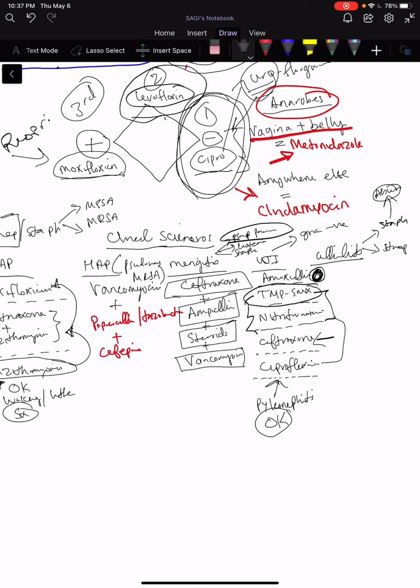So staph causes abscesses, strep, no abscess. Meaning if the leg or the arm or whatever the area of cellulitis is just red with no abscess formation, you're probably dealing with strep, sorry. If they have a little bit of abscess formation and some bullae, then you're probably talking about abscess formation from staph infection.